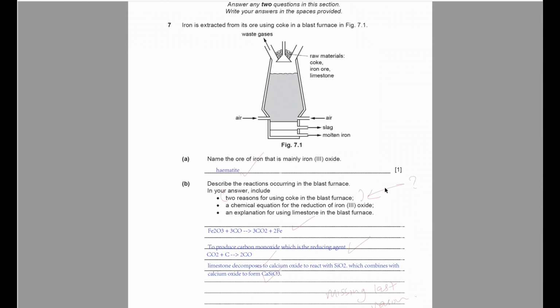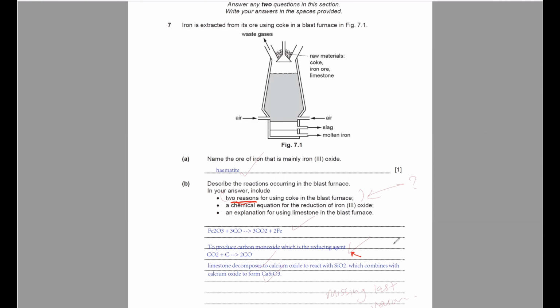Then 7 part B. You will notice that I made a bracket here and I say, describe the reactions that happen in the blast furnace. Then in your answer, you must include 2 reasons for using coke in the blast furnace. So the 2 reasons: you produce carbon monoxide as your reducing agent.